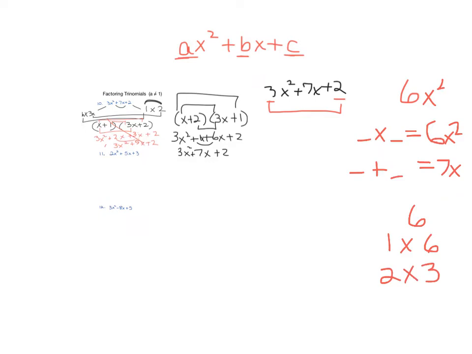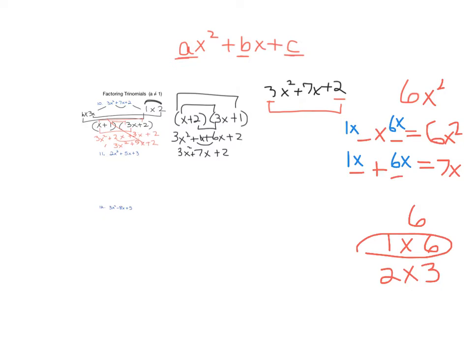But of those, because it's positive, positive, I can see that I need the 1 plus 6 to get the 7. So I'm going to do 1x. So my factors here will be 1x and 6x. And then here, 1x plus 6x gives me 7. Everybody with me on how I found those factors?